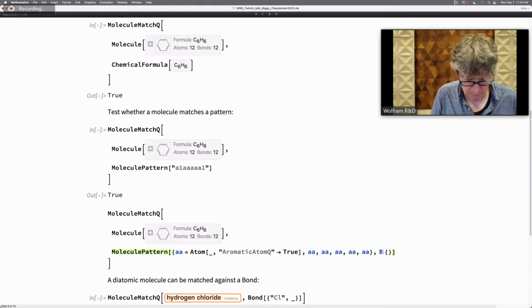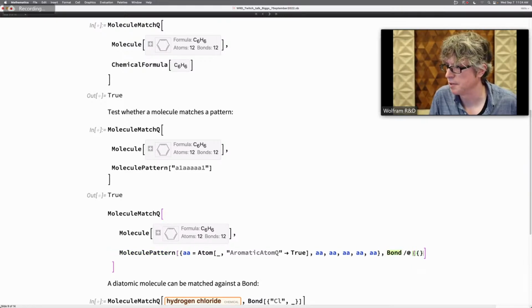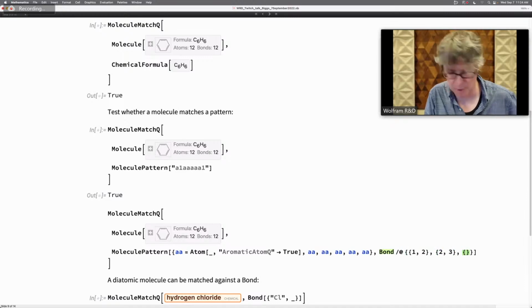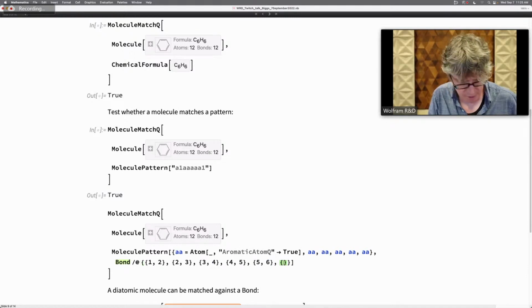And then we do a bond, 1, comma 2, 2, 3. If I were slick, I would remember the language for partitions here, right? 4, 5, 5, 6, and then sorry for this, 6, 1.